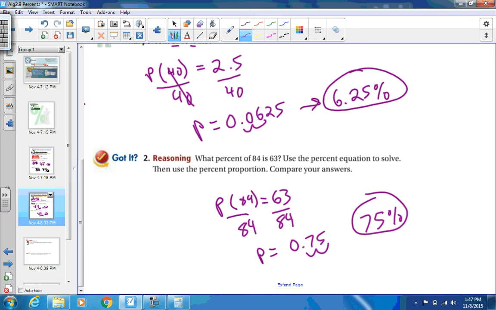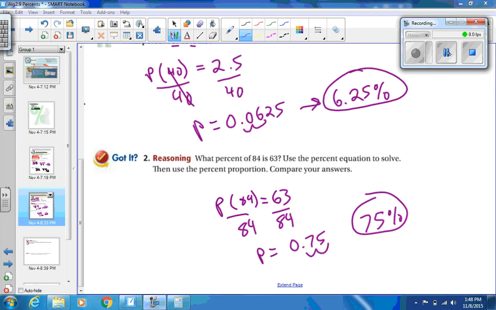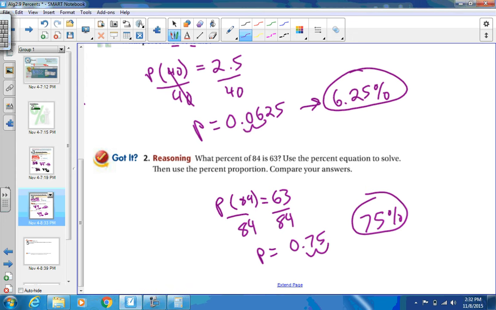It says use the percent equation to solve, then use the percent proportion to check your answers. So since it says to use the percent proportion, we'll do that in red over here just real quick. So we have 63 as the part of the whole 84. Set up our proportion for P over 100.